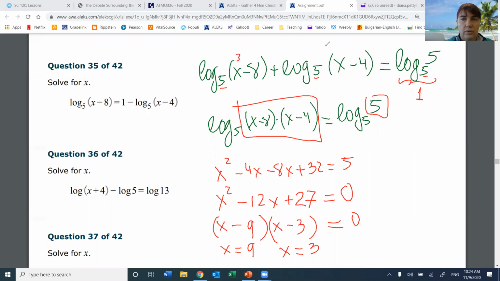So 3 is not a solution. So this was problem 35.